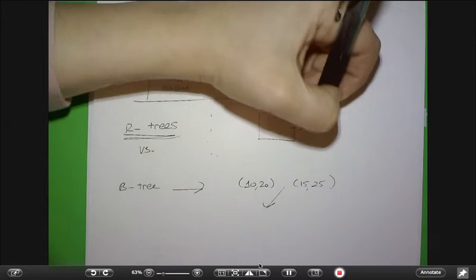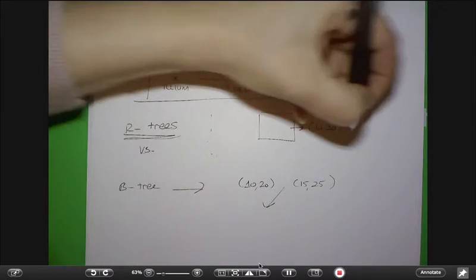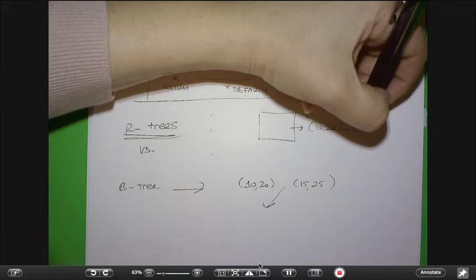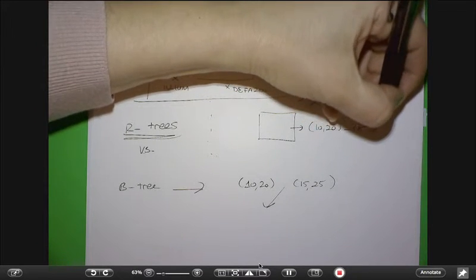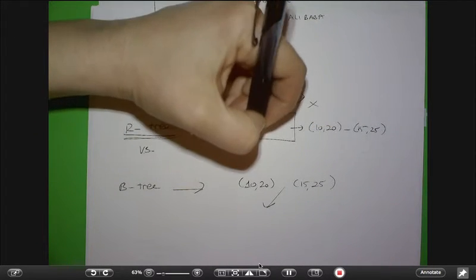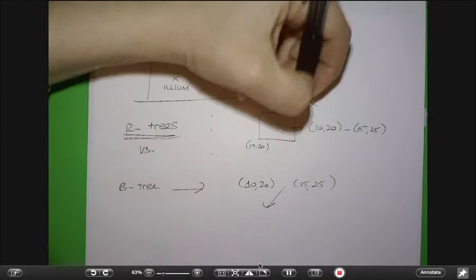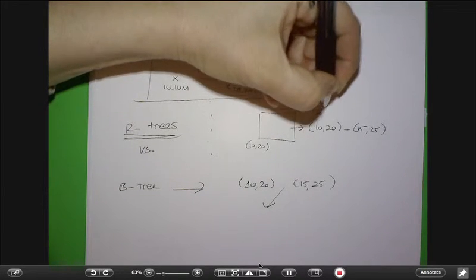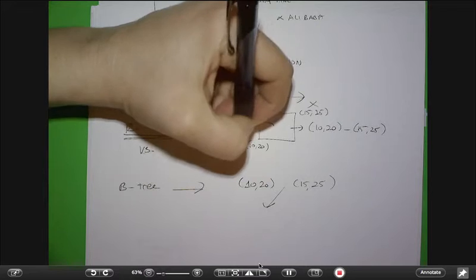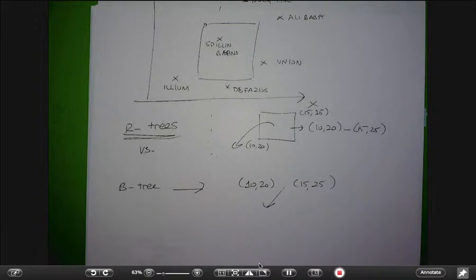If you are inside the rectangle from 1020 to 1525, follow this pointer. So an R-tree basically will have rectangles for key values and a pointer for each rectangle.